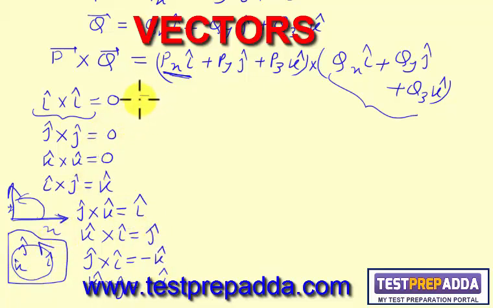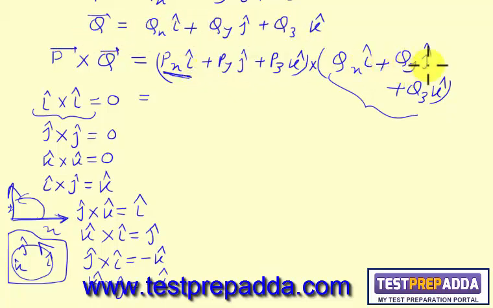For example, here, when this I cap is multiplied with I cap, it will be 0. But when it is multiplied with J cap, it will become K cap. So it will be Px Qy k cap.